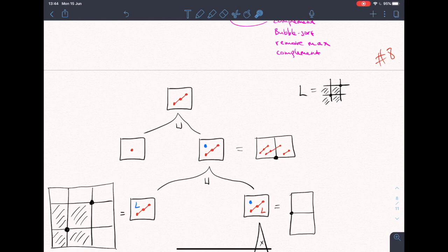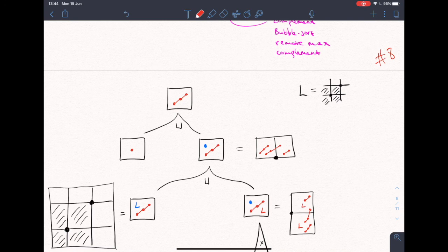Okay, let's start here on the right, in the case where we are avoiding L but have at least 1 point. Let's place the leftmost point. Now we have to avoid a 1, 2 up here, a 1, 2, 3 down here, a crossing 1, 2, 3. We have to avoid L, the mesh pattern, here.